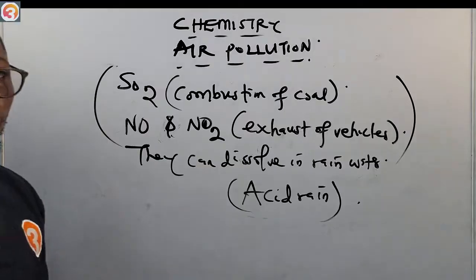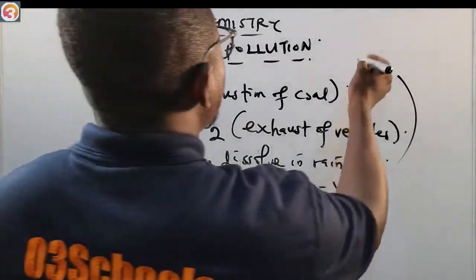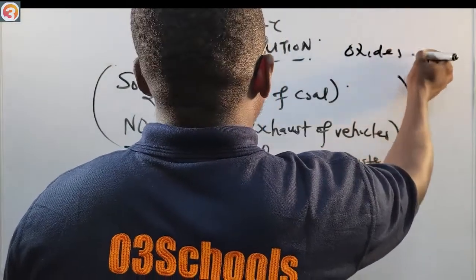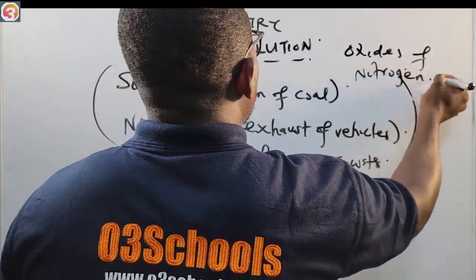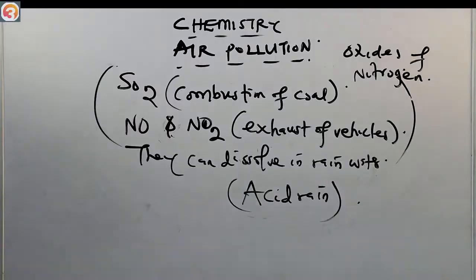Now, the oxides of nitrogen, that is the NO and the NO2, can form what we call secondary pollutants.